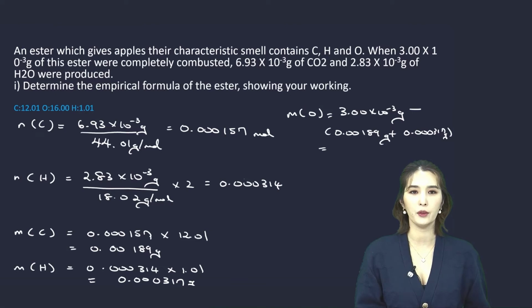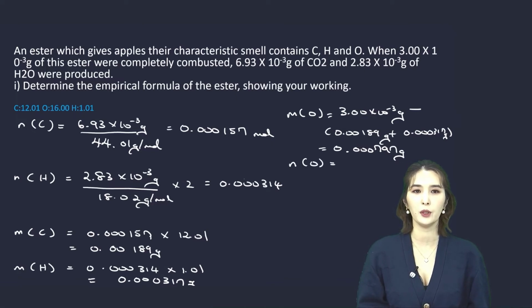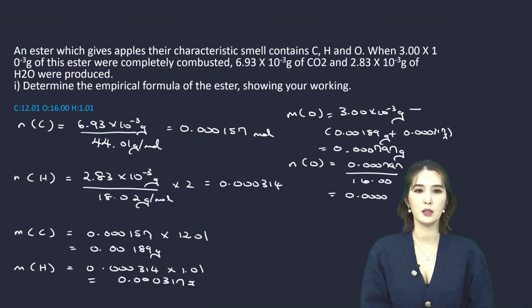Now, when we input that in, we get the mass of oxygen as 0.000797 grams. Now, we're going to use that then to find the number of moles. And it'll be 0.000797 divided by 16, the molar mass of oxygen. And that's going to get us the number of moles as 0.0000498.